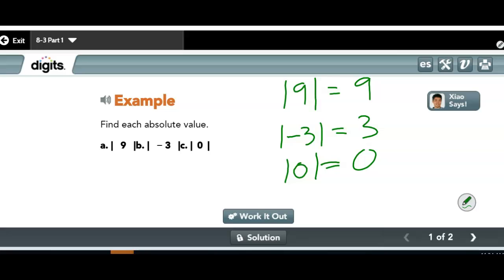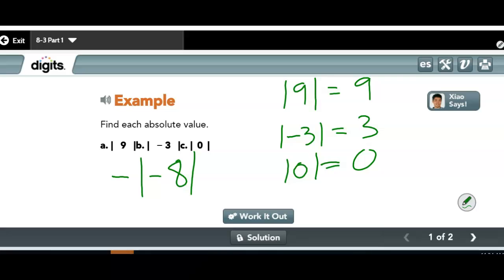Okay, number 4 is a little different. Anyone want to take a shot on how to read it? Alistair, go ahead. The absolute value of negative 8 is 8. Okay, not quite. Lucas?